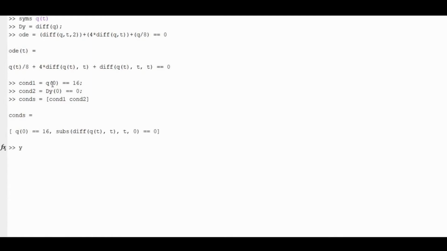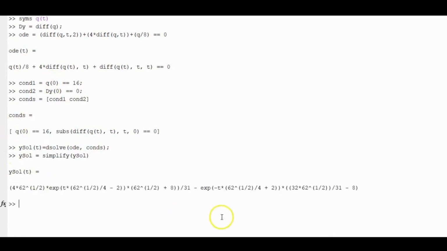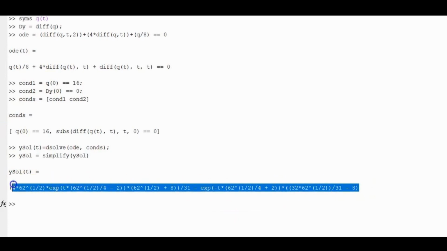Then we will be finding the solution to the differential equation. We will be using the dsolve function in MATLAB. Then we will be simplifying the solution. And the one shown here is the solution to the differential equation.